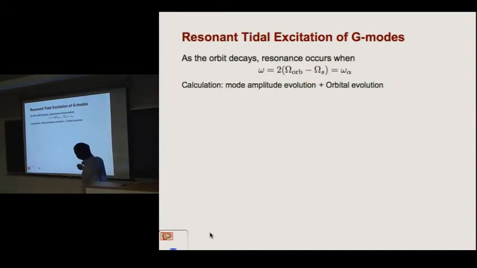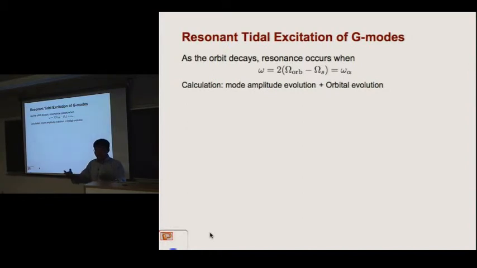So the tidal forcing frequency, as I said, is just twice the difference between the spin frequency and the orbital frequency. So as the orbit shrinks, the forcing frequency goes up. So at some point, the forcing frequency will sweep through this intrinsic frequency. So therefore, this mode may be excited.